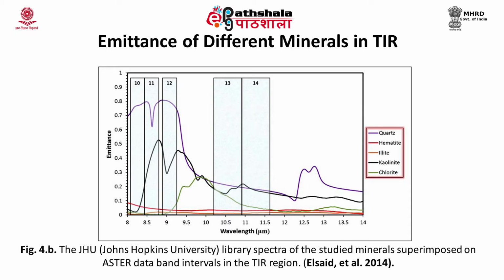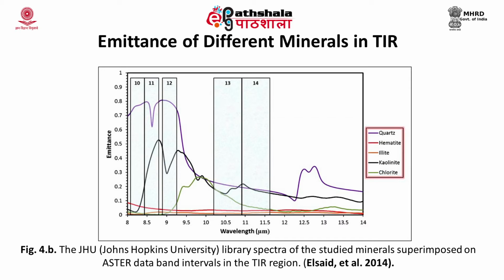These three you can easily identify in this region, but only in the 10 to 12 channel region. In 13 and 14 they are not very distinct, but still we can use these bands to identify different minerals. And this information has been taken from the spectral library.